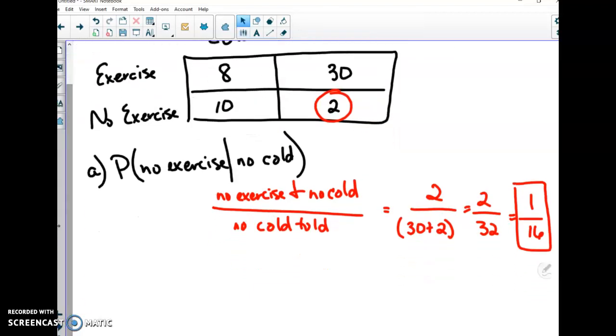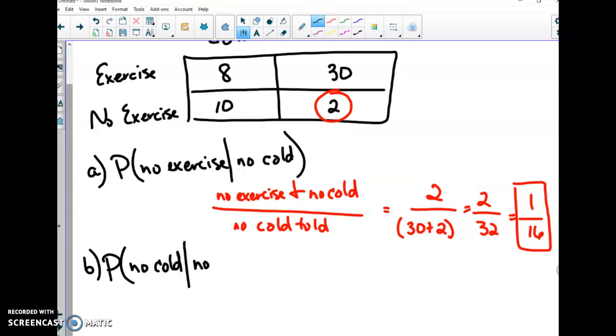And then I do that same thing with this probability. Similar concept. Let's go the reverse way. So we have no cold, no exercise. So I still have that no exercise and no cold.